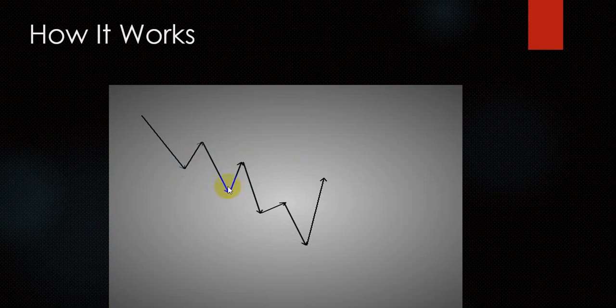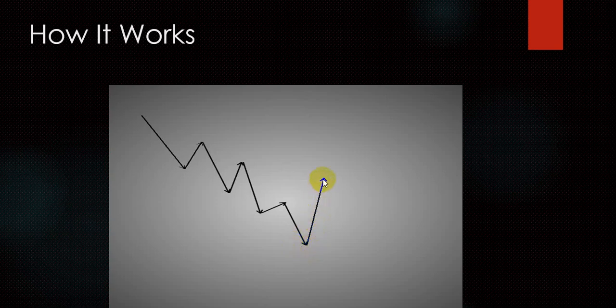Let's say in this case we bought here thinking price would go up, and sure enough it did just a little bit, and then unfortunately it went down. We buy again. It didn't even go up much. It went down. And this time when we buy, it goes all the way up here.